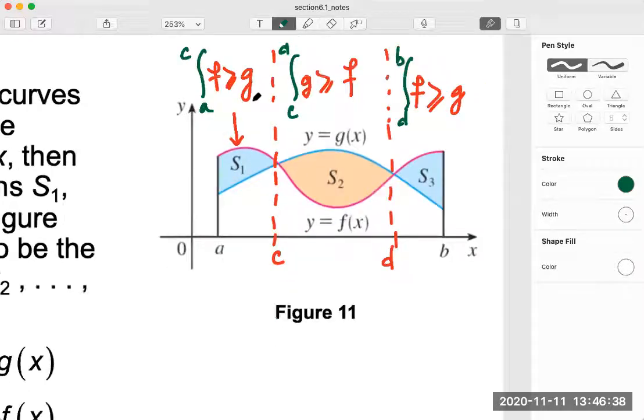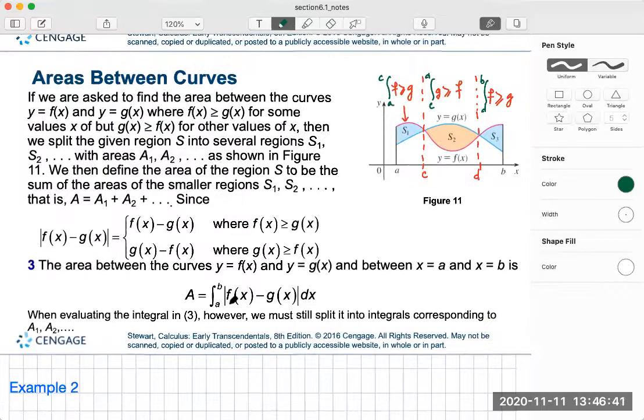In general, we can write it as the integral over the interval from A to B of the absolute value of F minus G. That is the general formula for this. And the absolute value here is very annoying. So what we need to do is to determine the intervals where F is larger than G, and the intervals where G is larger than F, so we can get rid of the absolute value.